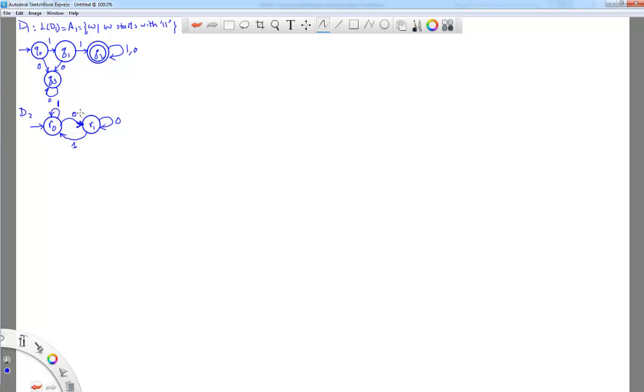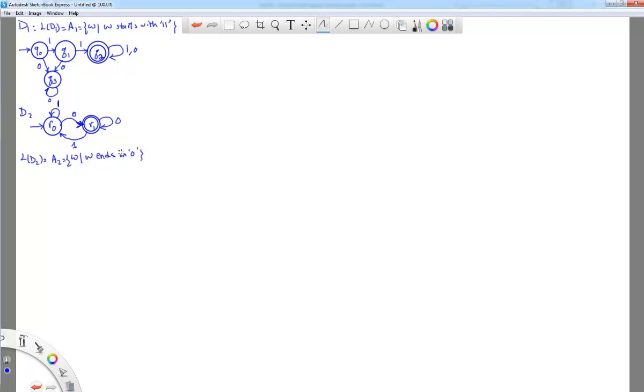The last element in the strings of D sub 2 is going to be 0. Okay. So the language of D sub 2 is A sub 2, the set of all the strings such that the string ends in 0.